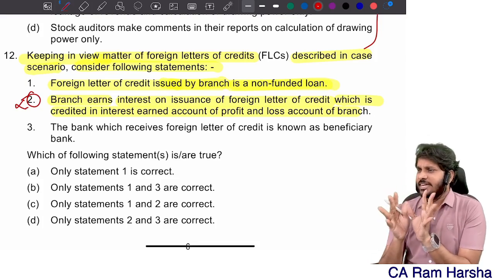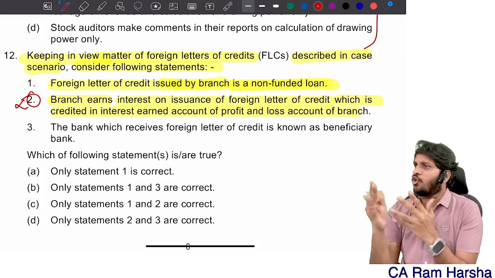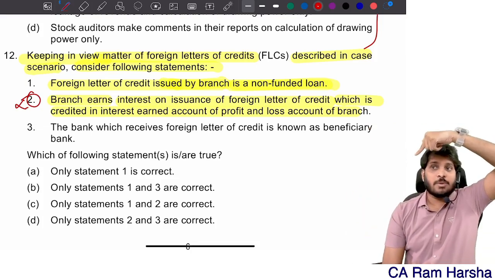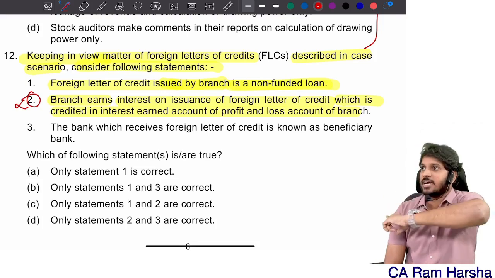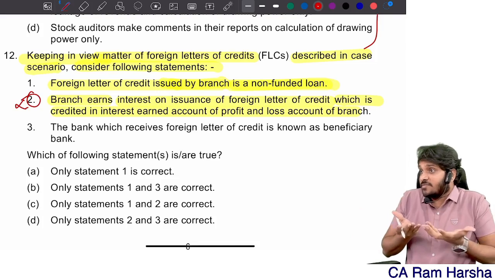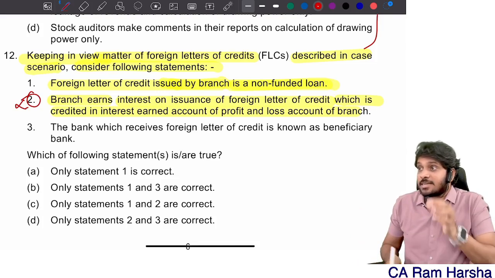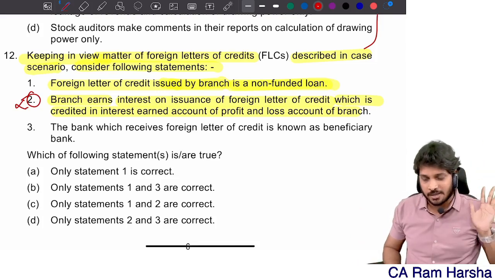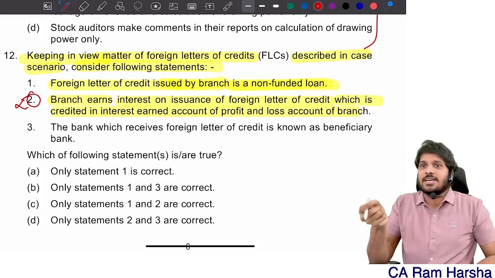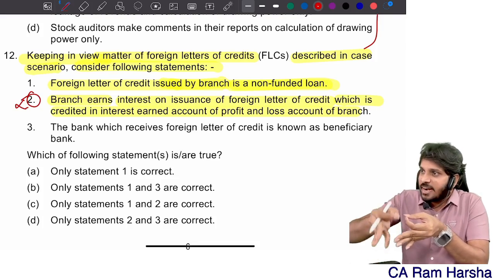The other bank will not invoke the guarantee. Letter of credit I give so that the exporter will export the goods, because he has a guarantee from the bank that if the customer does not pay, the bank will pay. Customer will pay. Now I give letter of credit to the customer. For that, what will I get? Some commission, some charges. Not interest, because there is no loan itself. The bank will get interest only when there is a funded loan.